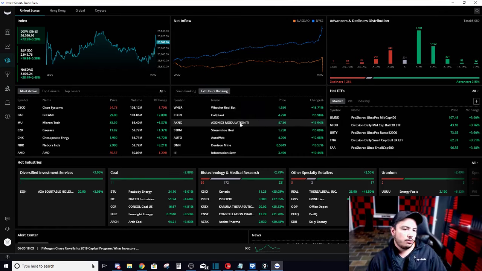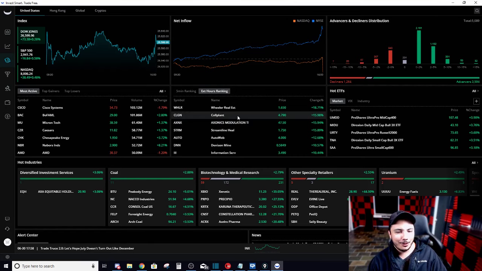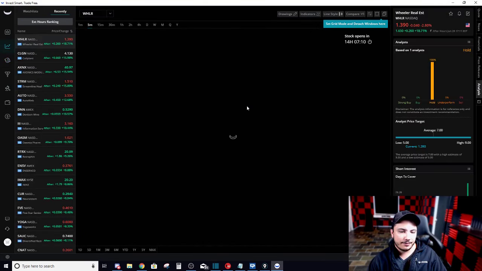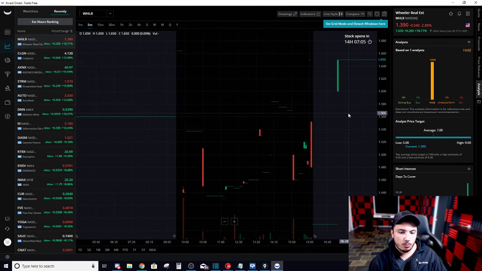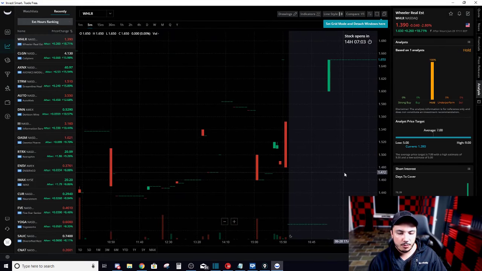So we have Real Estate went 18% aftermarket. So let's click on it. Wow, it closed down here at 1.48 and then it went all the way up to 1.65. Fantastic, that was good.